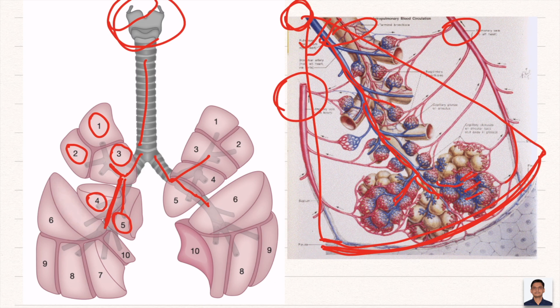The lower lobe contains five bronchopulmonary segments, the superior S6, medial basal S7, anterior basal S8, lateral basal S9, and posterior basal S10.